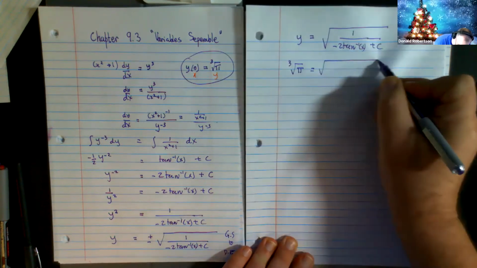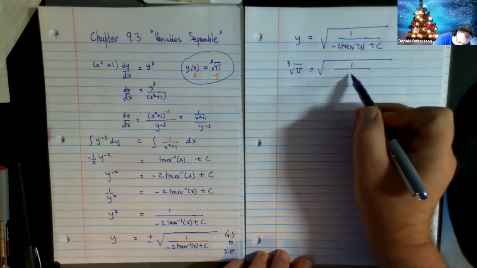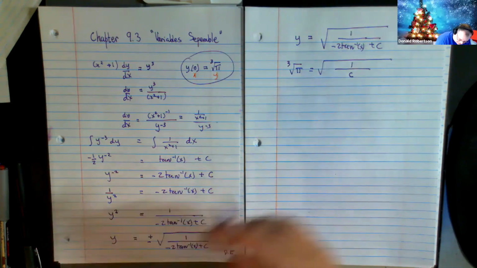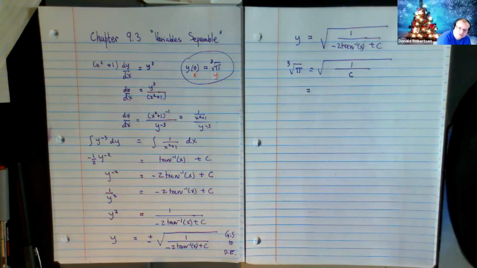And on this side, we have 1 over, well, the inverse tan of 0 is still 0. So basically, you just get that. Are we good? Right, now what is the quest here? Well, isn't the quest to find c? It's going to be some ugly number, and we need to find it, right? Think of solving equations. As long as you do it to both sides, it's okay. What should I do to both sides here?